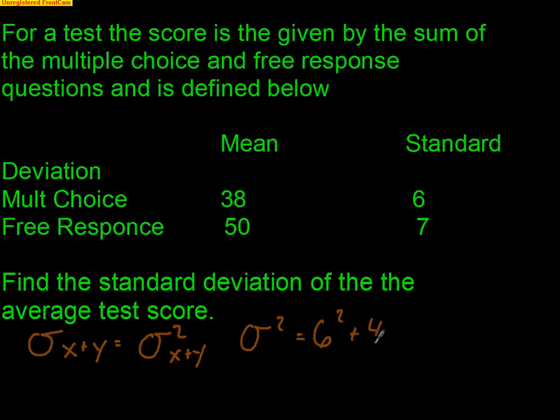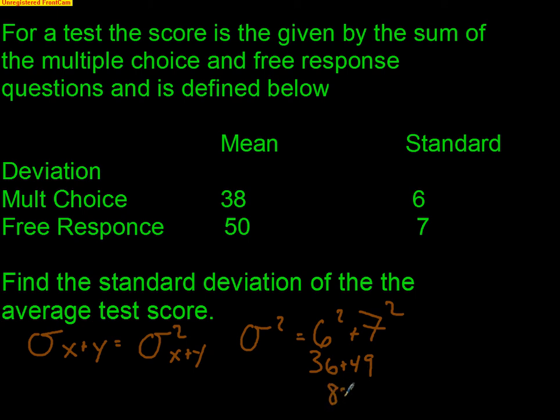I'll change this a little bit to make it a little easier. So this is 36 plus 49. If we add 36 and 49, we should get 85.